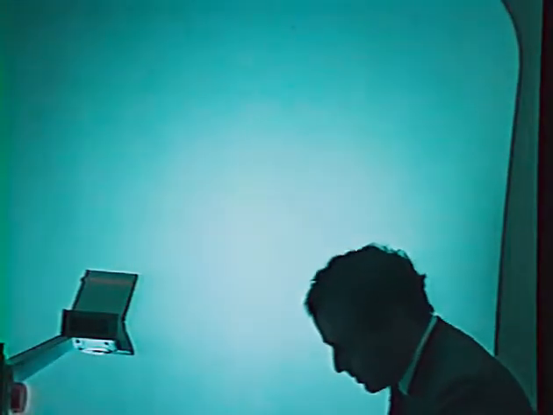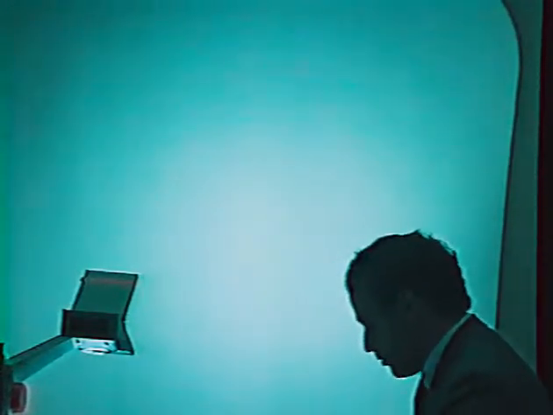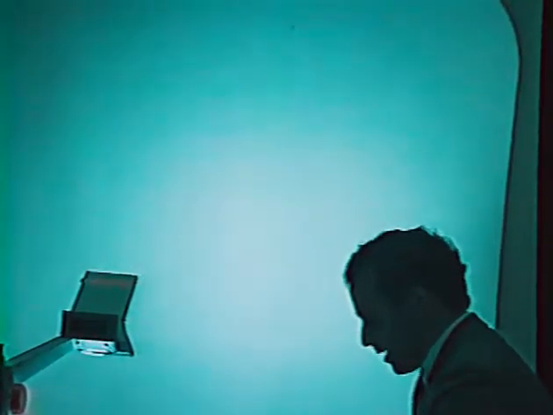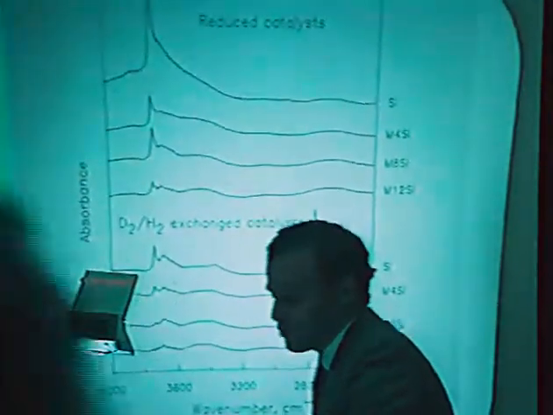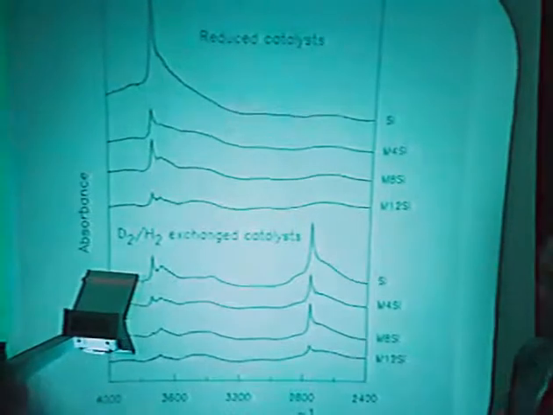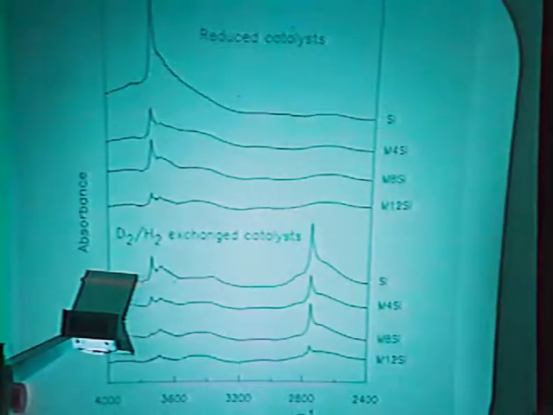In order to answer the second question, that is, the interaction of piperidine with the surface, we started doing some diffuse reflectance IR spectroscopy using a controlled chamber, controlling temperature, pressure, and the flow of gases.